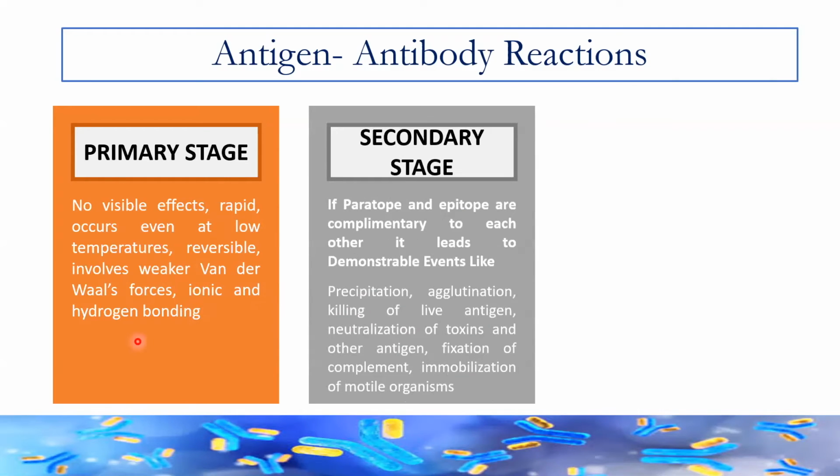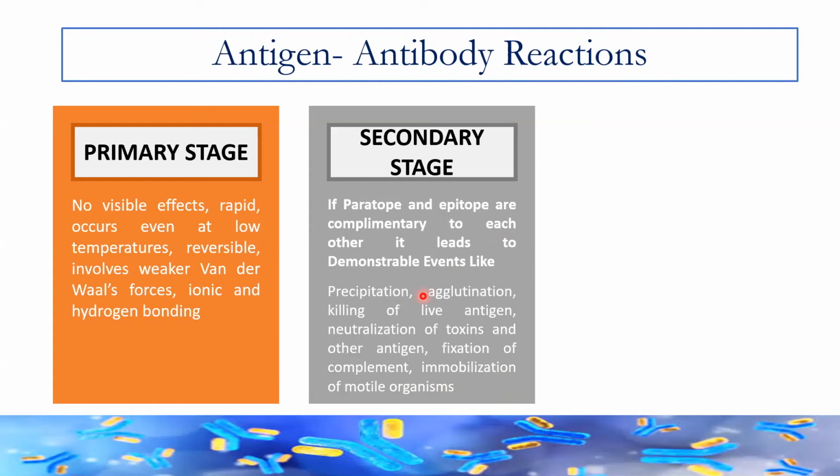The secondary stage is when, if the paratope and epitope are complementary to each other, this leads to demonstrable events like precipitation, agglutination, killing of antigen, which is also called neutralization, neutralization of toxin, fixation of complement, immobilization of motile organisms, and so on.